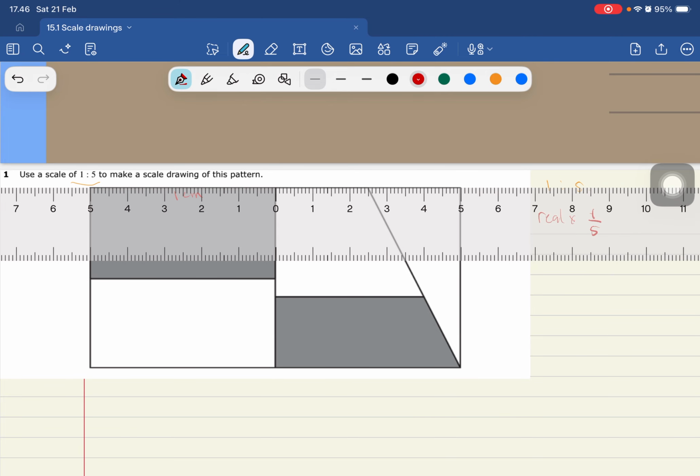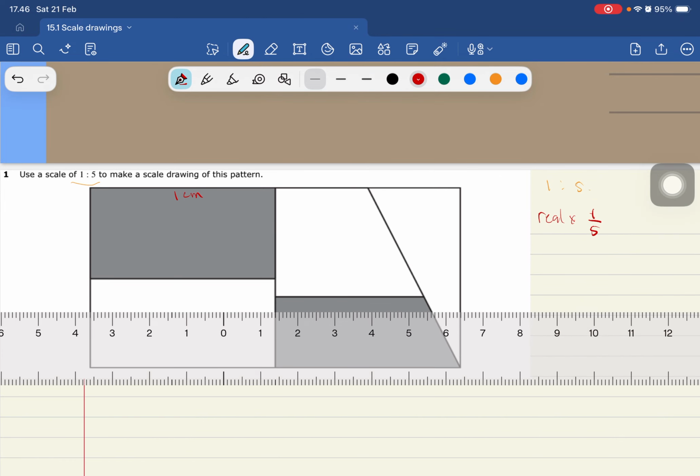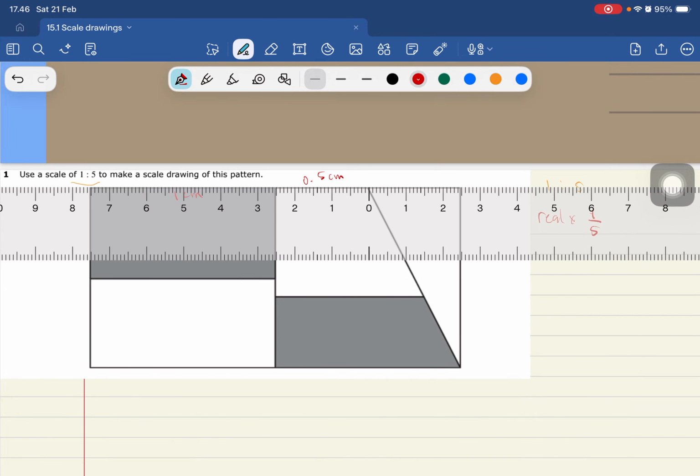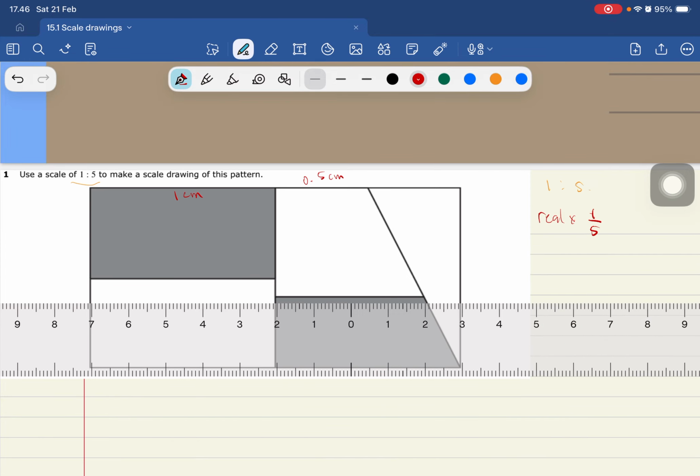Here we've got 2.5, so 2.5 we multiply by 1 over 5, and this is going to be 0.5 centimeter in the scale drawing.